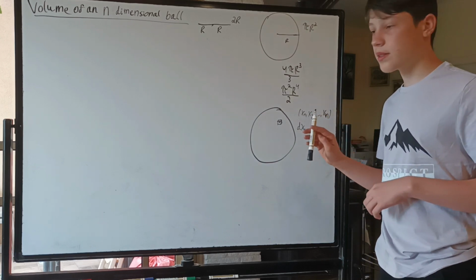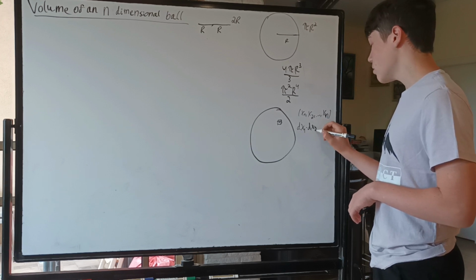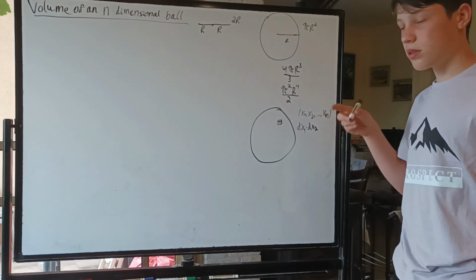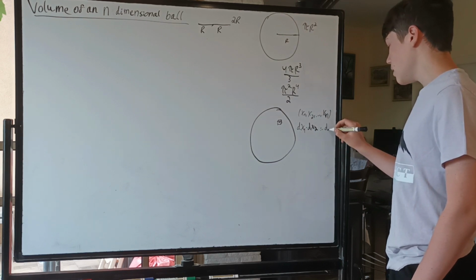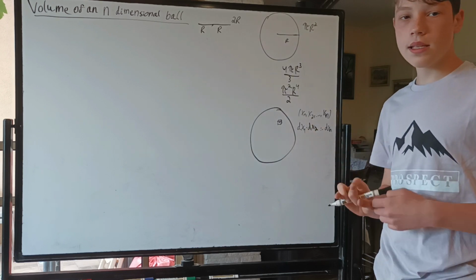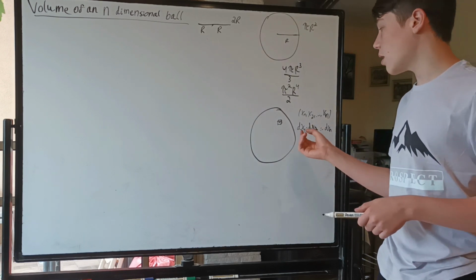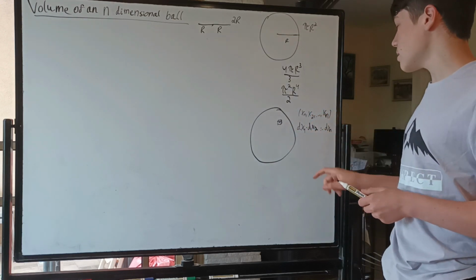In the direction of x2, we mark it as dx2, and so on up until dxn, the tiny length in the direction of the xn axis.